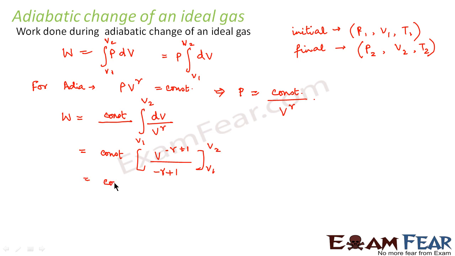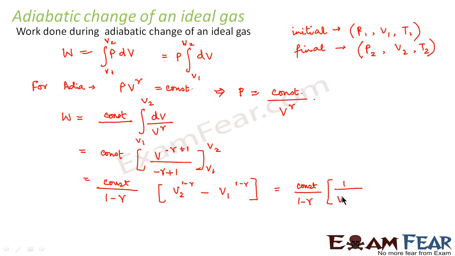So this we can write as some constant divided by 1 minus gamma, and inside we'll have V2 to the power 1 minus gamma minus V1 to the power 1 minus gamma. This we can write as some constant divided by 1 minus gamma, times 1 by V2 to the power gamma minus 1, minus 1 by V1 to the power gamma minus 1.